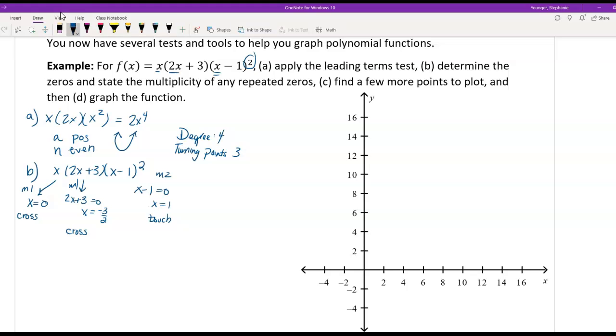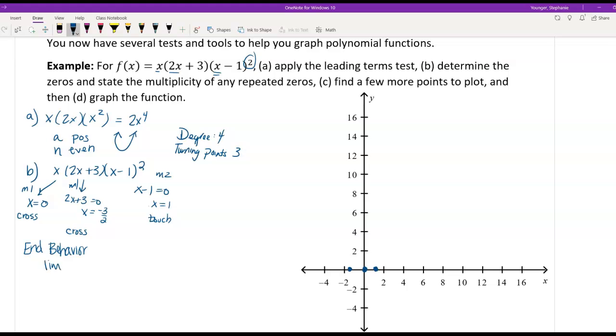Let's go ahead and add them to my graph. I have an x at 0, at -3/2, which is -1.5, so we'll put it right here, and at 1, which is right around here. All right, I know my end behaviors because of the leading term test.